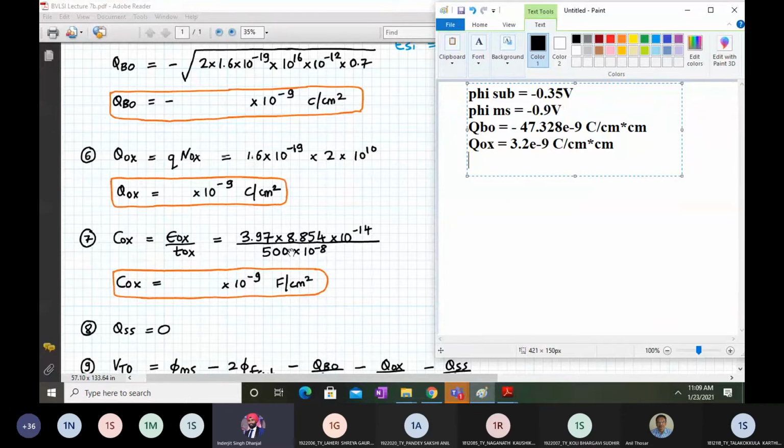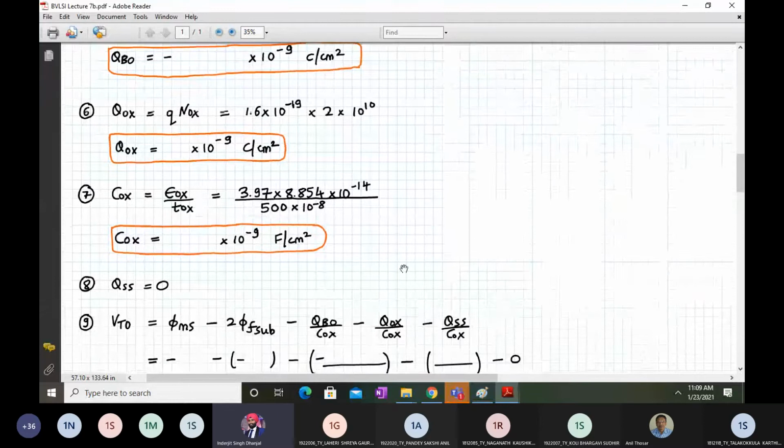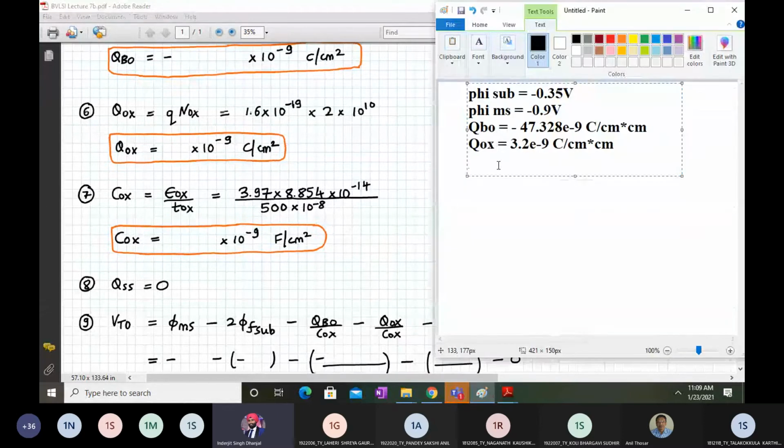Then next thing is we will find COX. Now COX is epsilon OX upon TOX. Okay, COX is given by epsilon OX upon TOX. So please find this number COX.